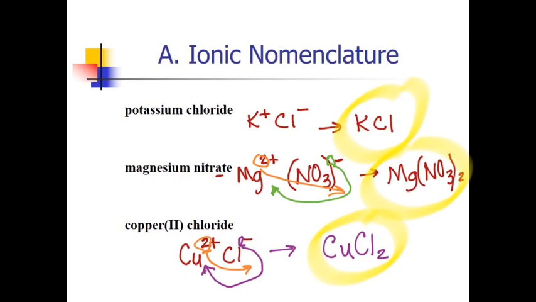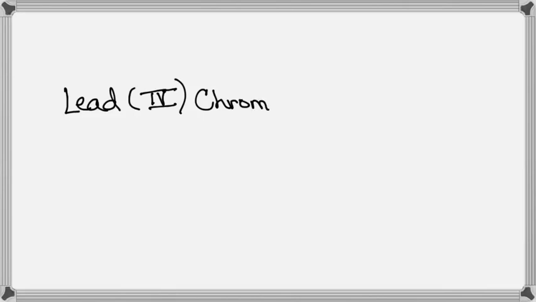Let's add one that's going to be a little bit harder. We're going to get you to think. Let's go through lead, Roman numeral 4, chromate. So I've got all kinds of stuff going on here. I see a Roman numeral. I see that ATE ending, meaning I have a polyatomic ion.